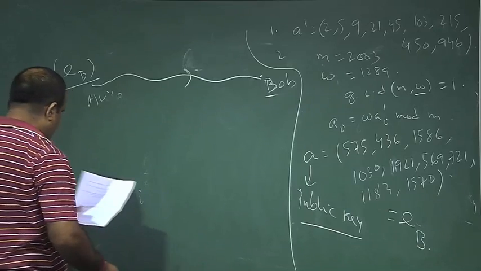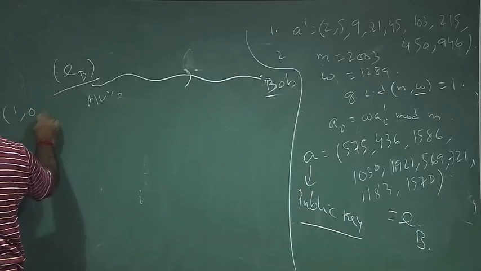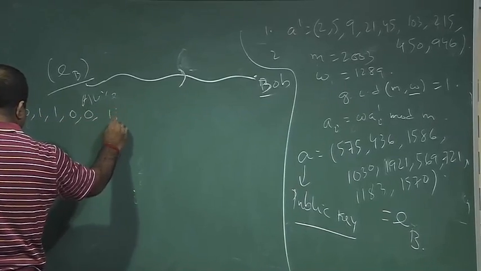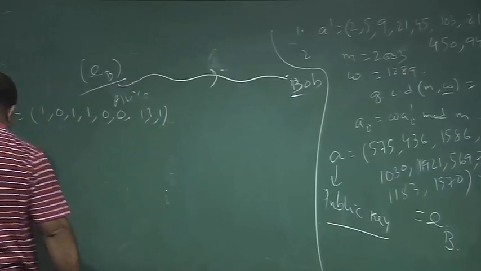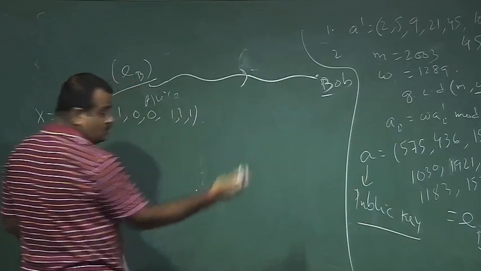Now suppose Alice chooses some message X, say 10110011. Now Alice has the public key of Bob, which is no more super increasing.